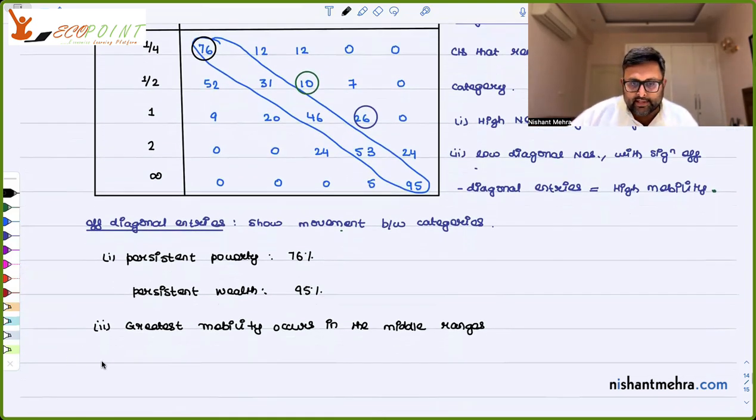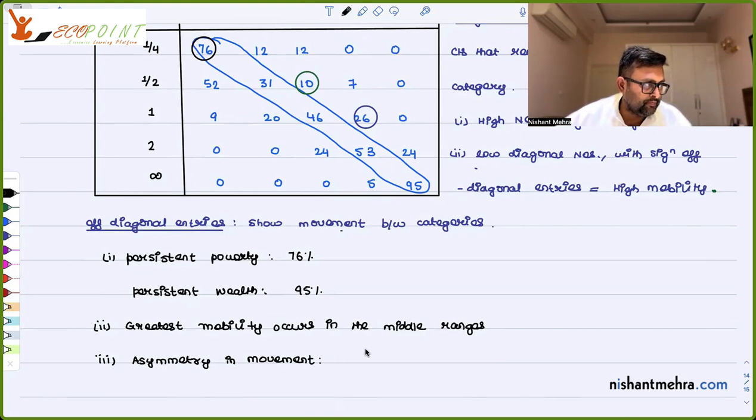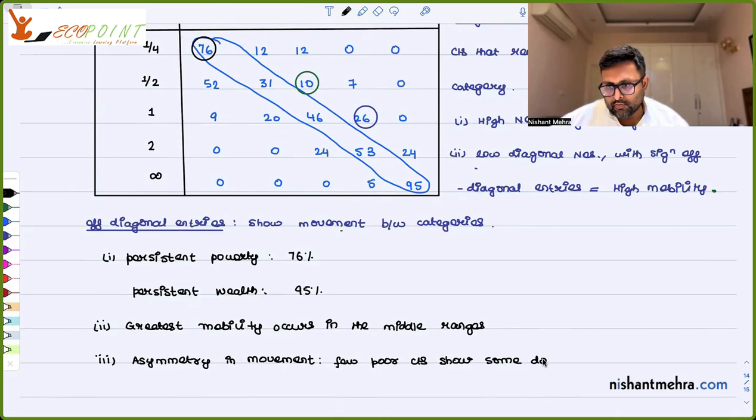So there is an asymmetry in movement. So it means what? A few poor countries show some downward movement also.